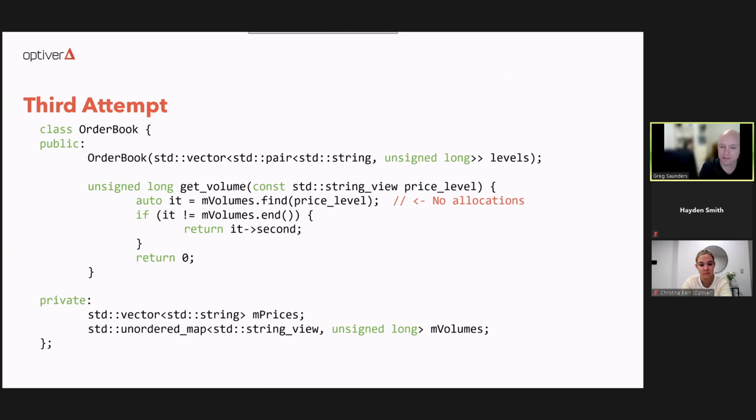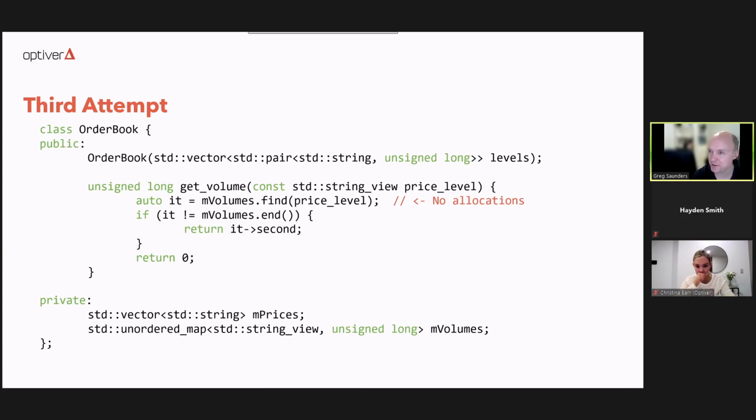So now it's going to map from a string view to a long. That means when we search the map, we don't need to create a string. We just need to give it a string view, which is exactly what we already have, and it will be able to search for that string view without constructing a whole new string.